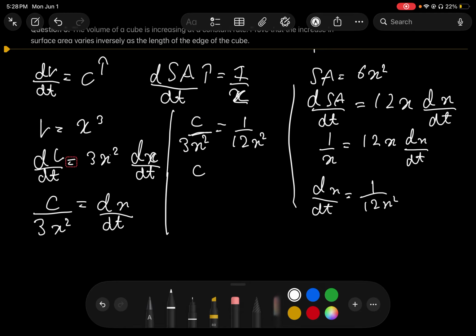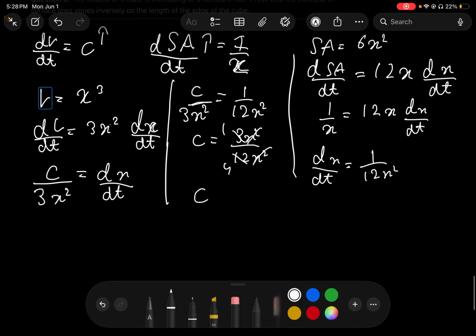Now do I do this? 3 is equal to 3x squared by 12x squared. 3 ones are 3, 3 fours are 12. x squared gets x squared. And constant is equal to 1 upon 4.